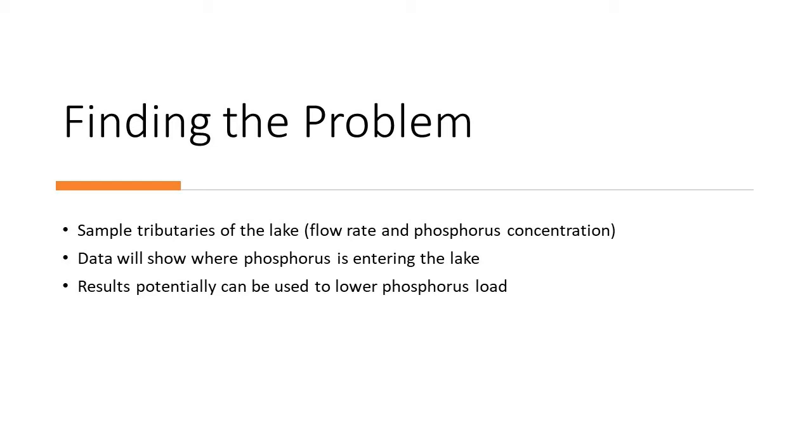This data will show where the phosphorus is entering the lake, and the results can potentially be used to lower the phosphorus load. It's important to recognize that phosphorus concentration and phosphorus load are different. The phosphorus load is the flow rate and phosphorus concentration multiplied, which I explain more.